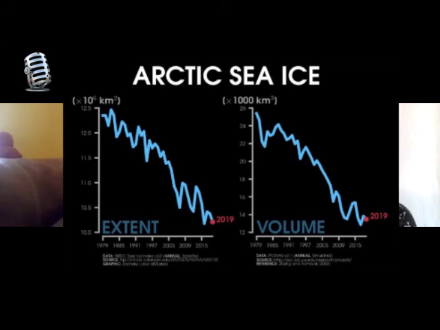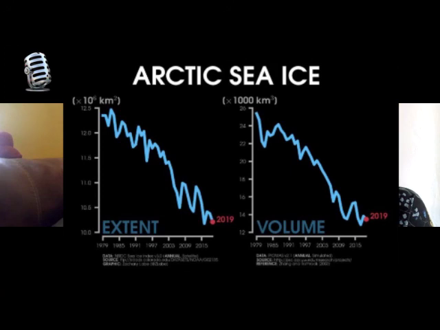And now the volume is in 1,000 cubic kilometers. Again, over the 41-year time frame, endpoints included, we're going from almost 26,000 cubic kilometers to, where is it about now, say 14,000 cubic kilometers. Jeez.